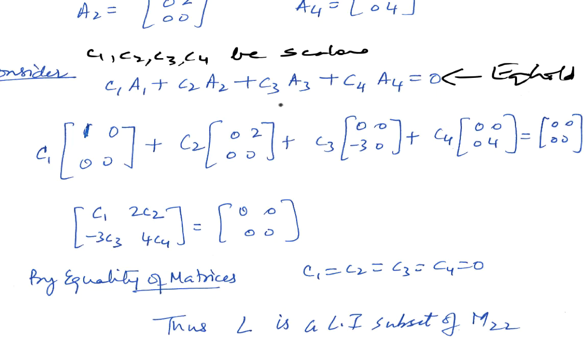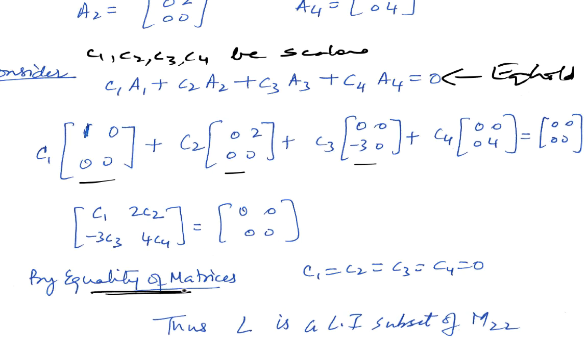If I use matrix properties, additions and scalar multiplications, will I be able to ultimately get the Ci's to be 0? Let's go ahead and plug in the matrices in place of A1, A2, A3, and A4. Here is a scalar multiple of the first, second, third, and fourth, and then we simply add these matrices. We can do all of that because each one of them has the same size. We get a matrix with entries C1, 2C2, minus 3C3, and 4C4 equal to 0, 0, 0.